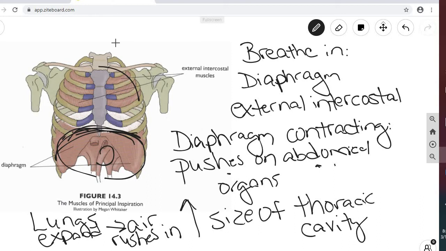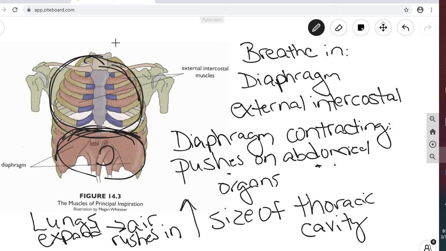The diaphragm contracts, that pushes on the abdominal organs below it, and that increases the size of this cavity here. If you increase the size of this cavity, the lungs can expand, and as those lungs expand, air is going to rush in to fill the lungs, and that's what inspiration is.